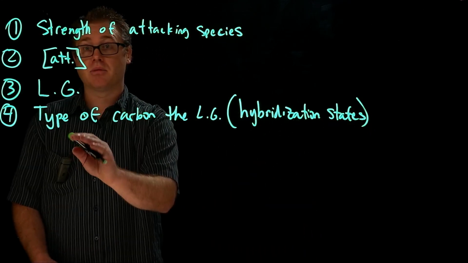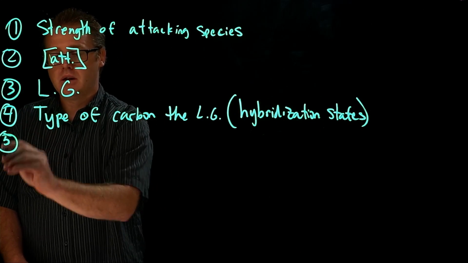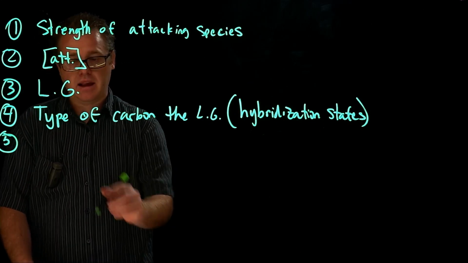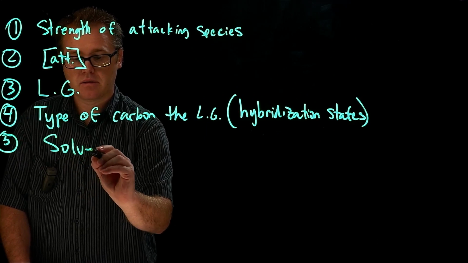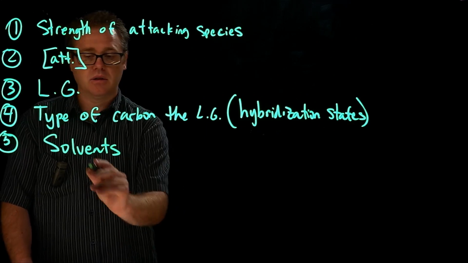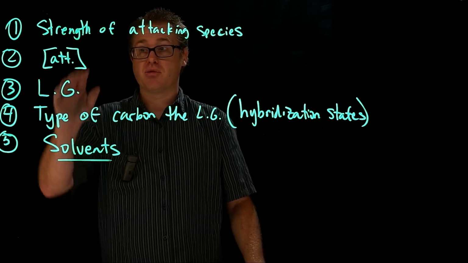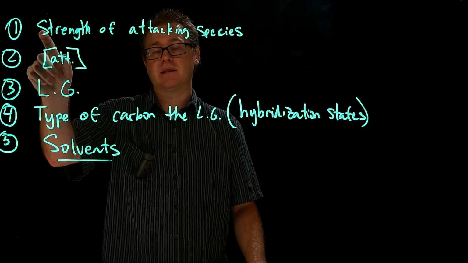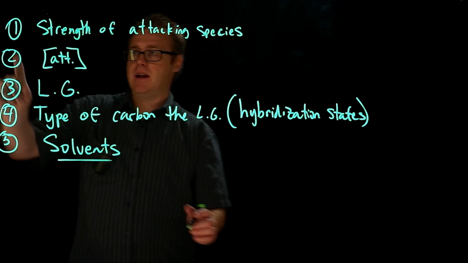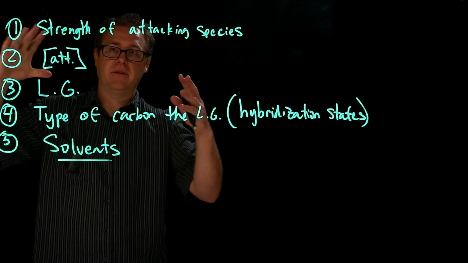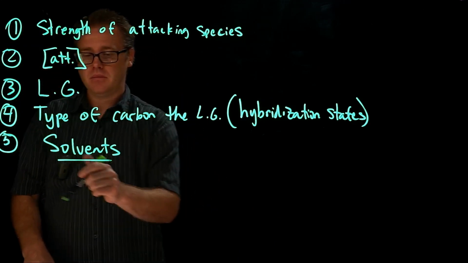And that's really important. So another thing is solvent effects. So with solvent effects, that's going to affect the strength of the attacking species. So kind of like 1 and 5 are kind of connected.